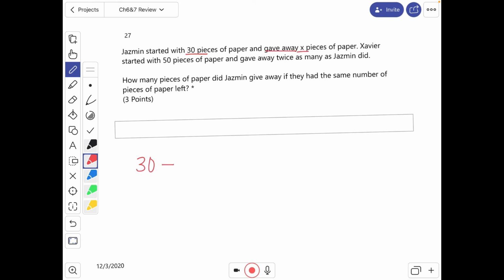She gave away, that's minus, X pieces of paper. 30 minus X. Now let's put Xavier's together. He started with 50, and he gave away twice as many. So twice as many as X would be 2 times X. And again, give away means minus, so 2 times X.